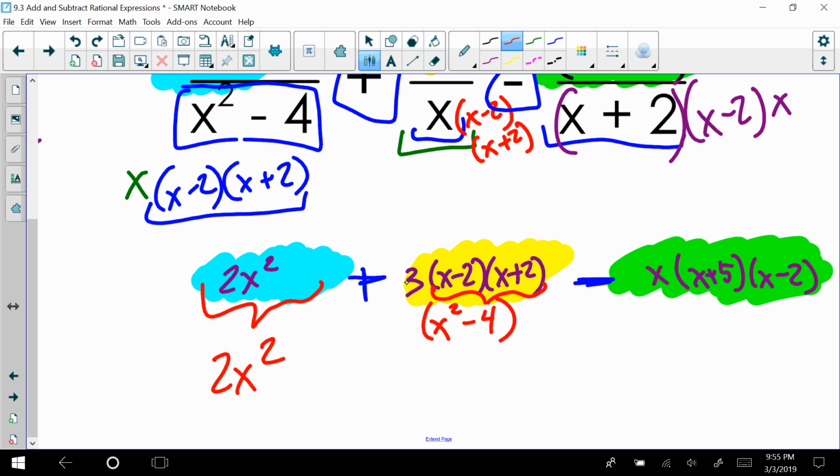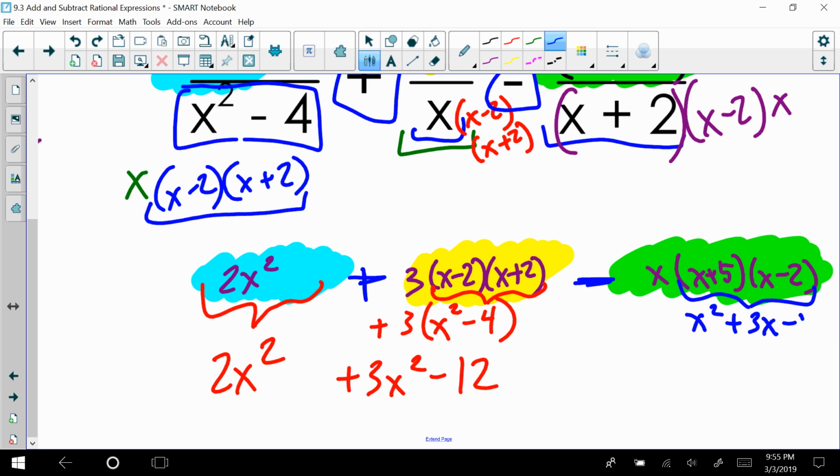And then I have to take it times a positive 3, which will make plus 3x squared minus 12. I'm just multiplying stuff through. This stuff over here, I get x squared plus 3x minus 10. And I need to take that times a negative x, which will give me negative x cubed minus 3x squared plus 10x.